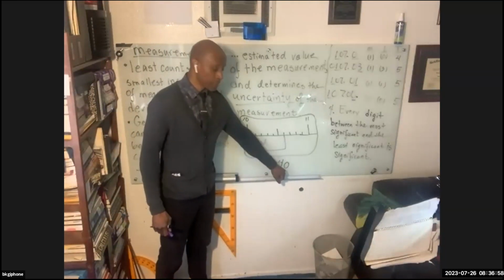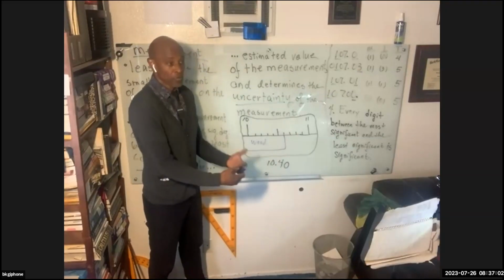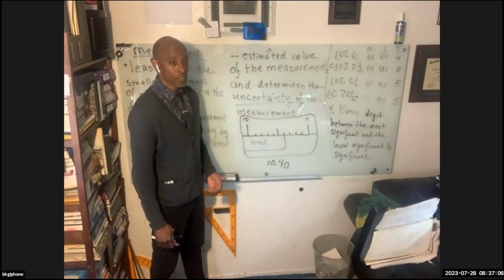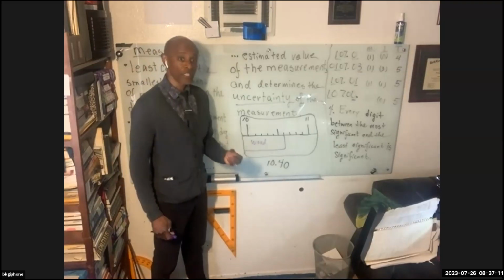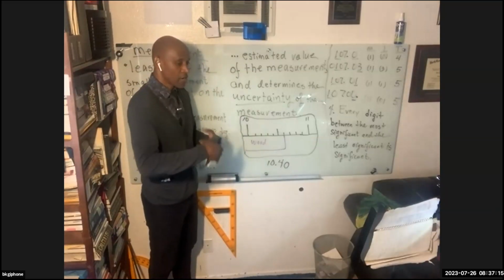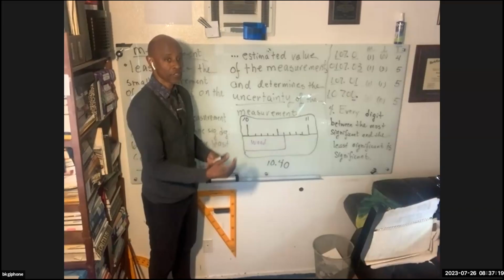This value here ultimately determines the uncertainty, to what degree of significance you can make a measurement with this device. So for any device, the least count determines how significant the digit is, and also tells you which digit for that device is the uncertain value.